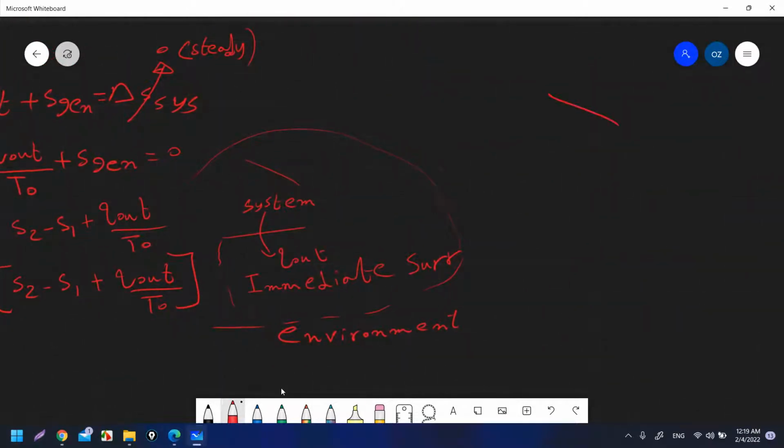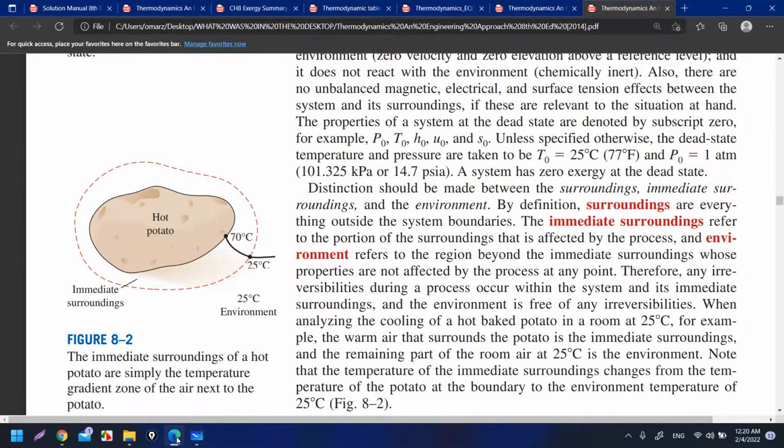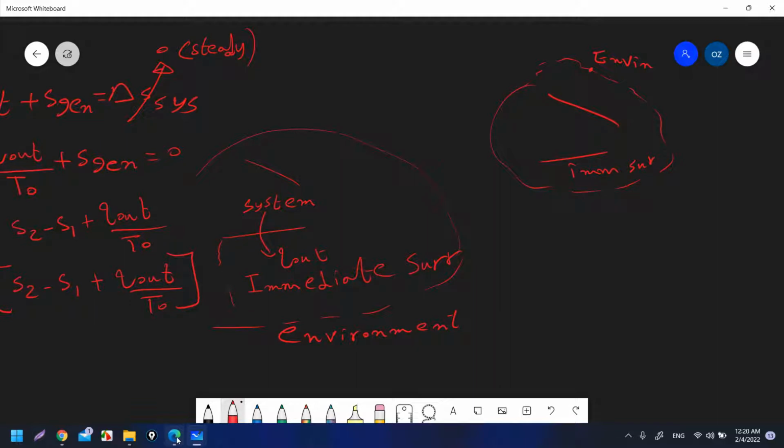So if that is the system, the nozzle, and here it is the immediate surrounding, and when we reach this red line, it is the environment, like the potato here. I want to take the exergy balance here at the red line.